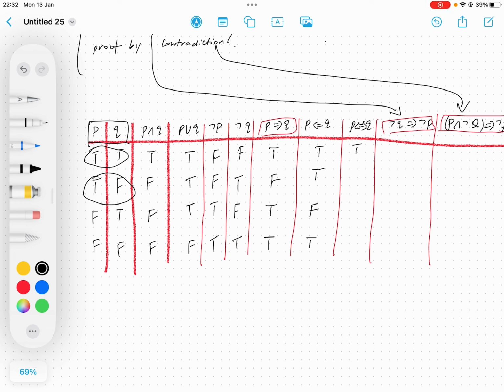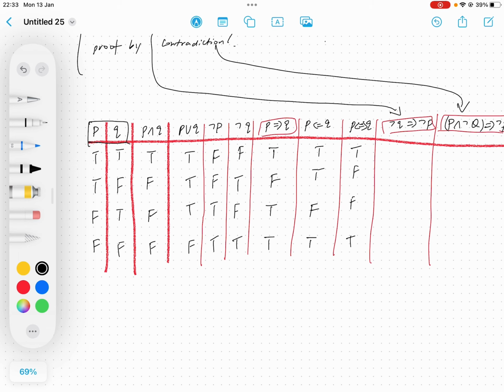If we cannot match, then we put an F. So that's T, F, F, T. That's the if and only if, or the equivalency. This is a biconditional.